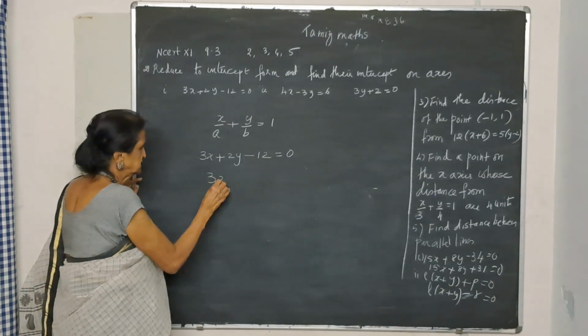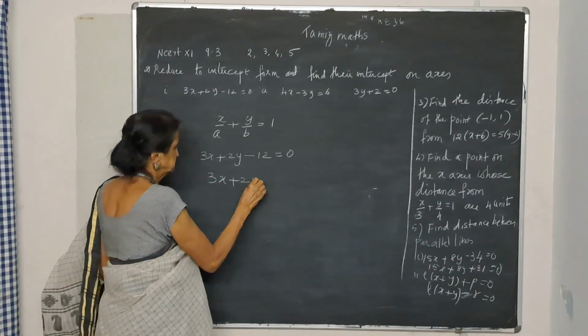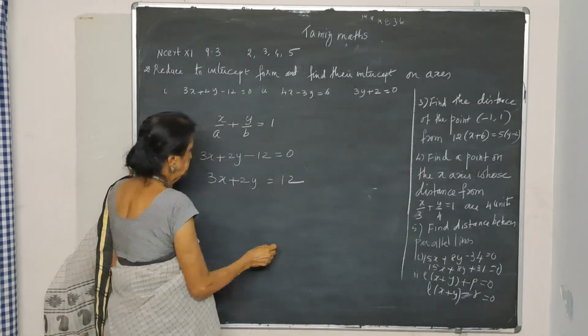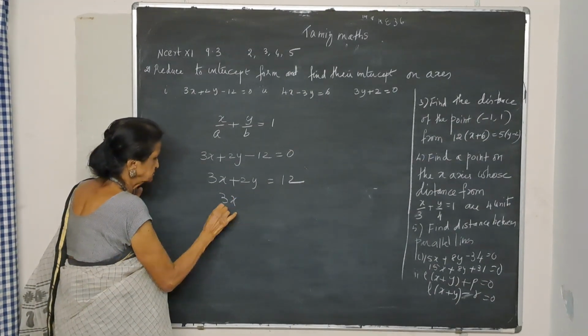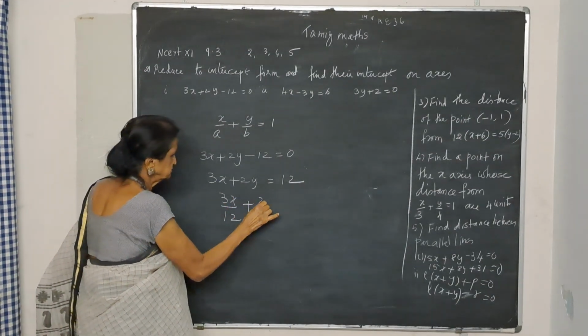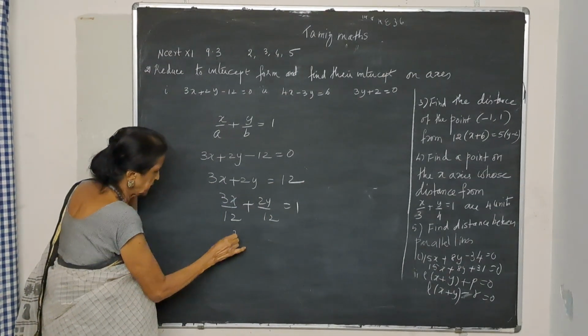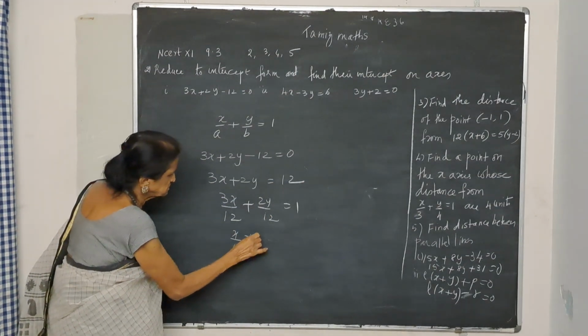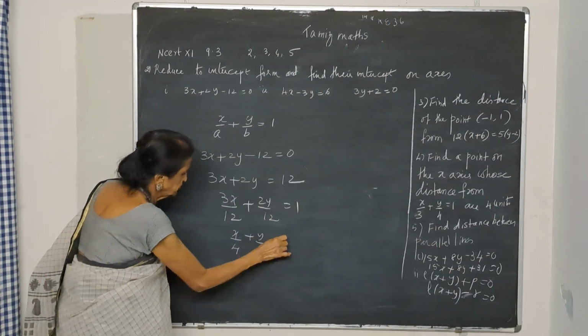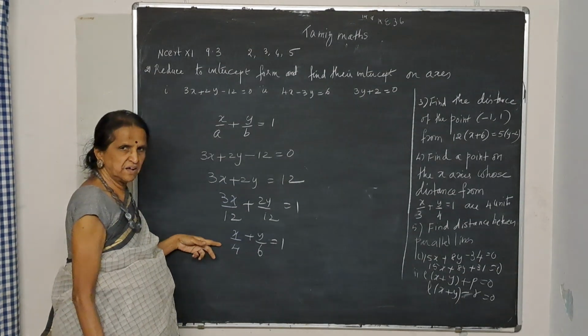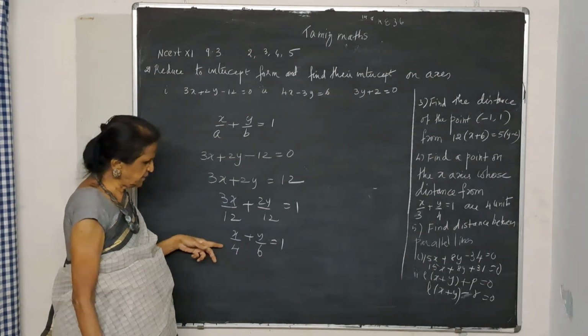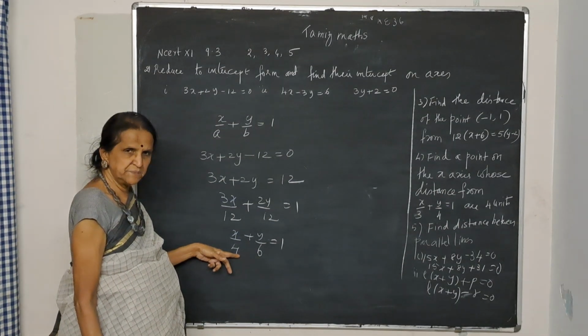This is written as, divide by 12. So what is this? It is the intercept form of the line. What is the x-intercept? 4. And what is the y-intercept? 6.